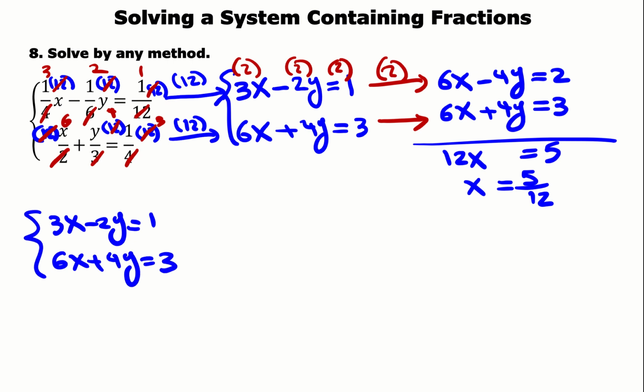And I could go ahead and eliminate again, but this time I will eliminate x. So I'm going to go ahead and multiply the top equation by -2.